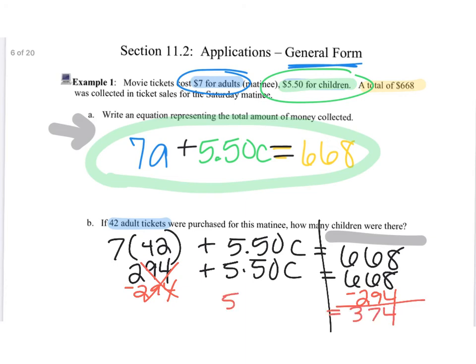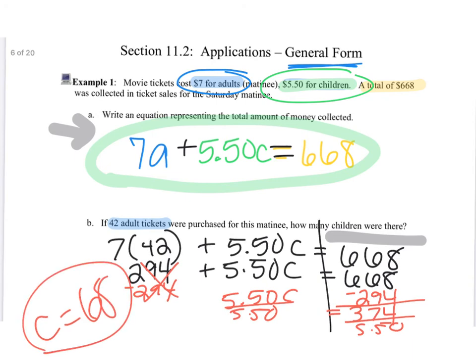And this side is still 5.50C. And so we divide by 5.50. And I don't really have space down there to write this. So C would equal 68 tickets.